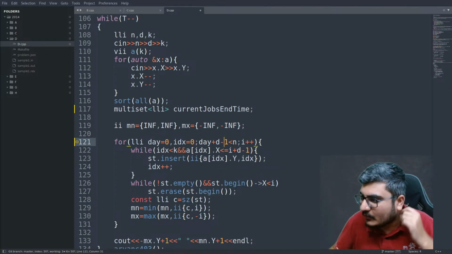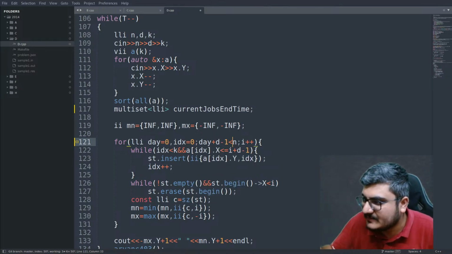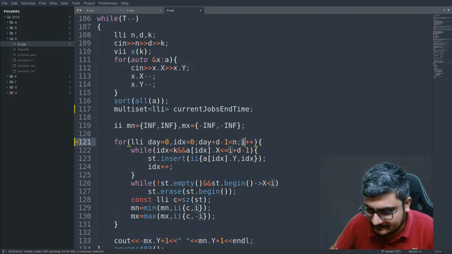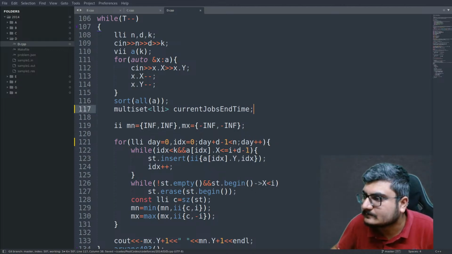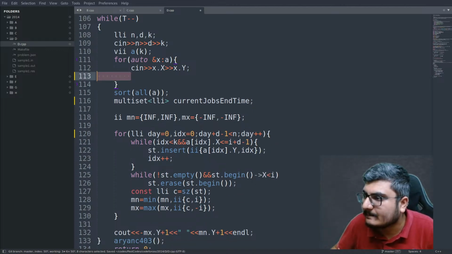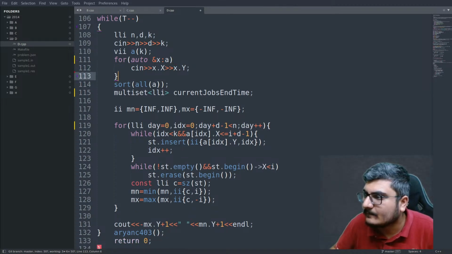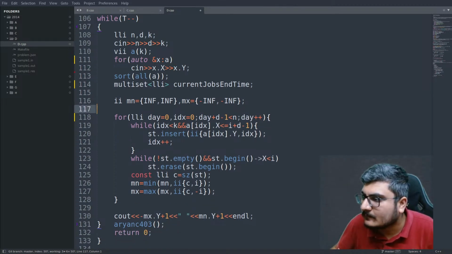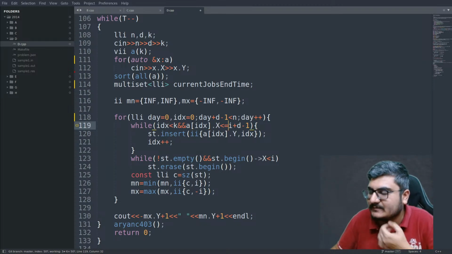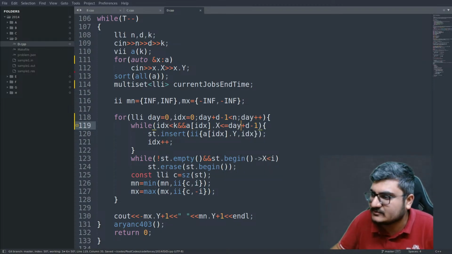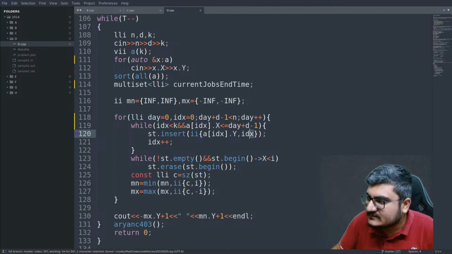And I cannot have overlap after n, so d plus d minus 1 should be less than n. As long as its index is less than k and the current value is less than day plus 1, let's increase the counter and insert the time when we will finish this job into the set.